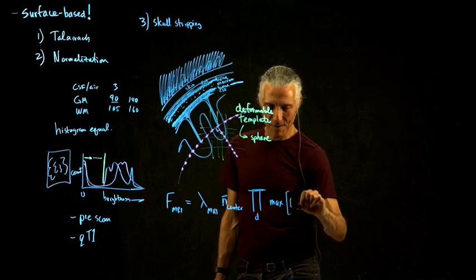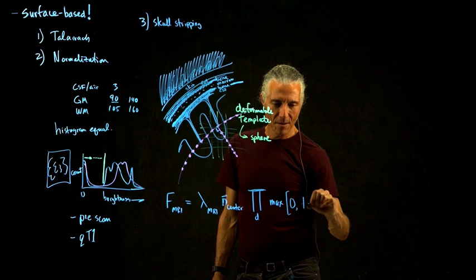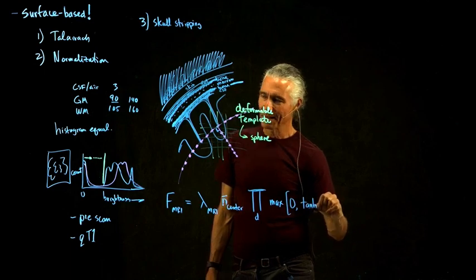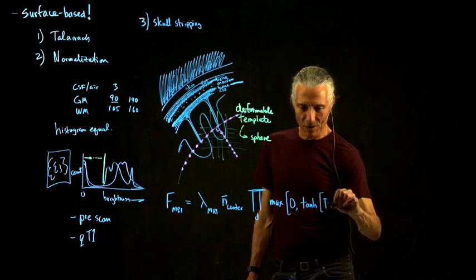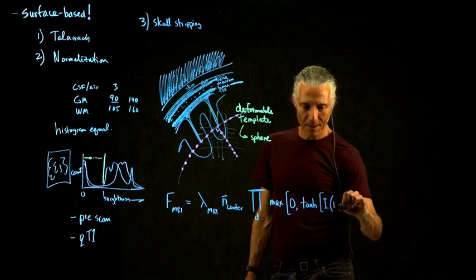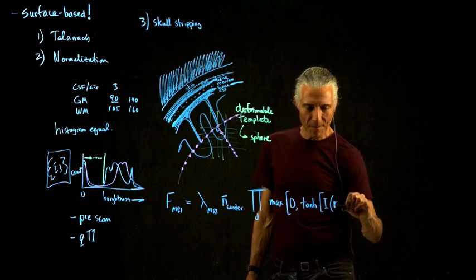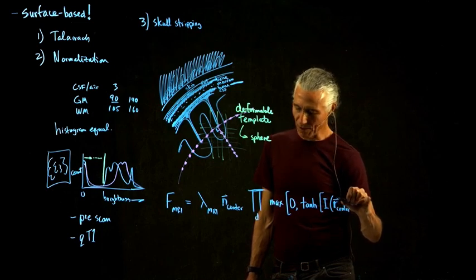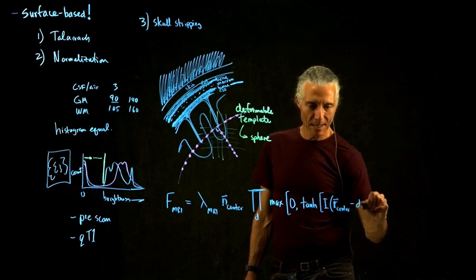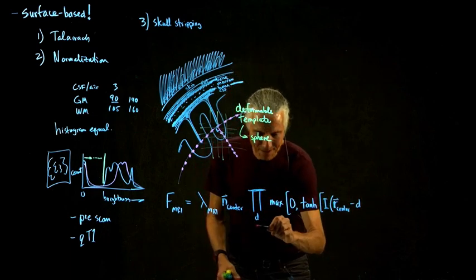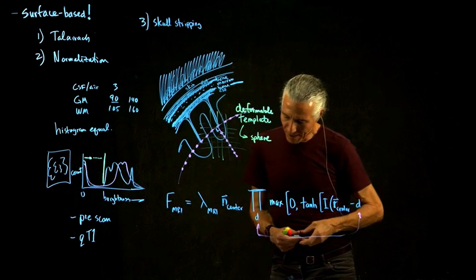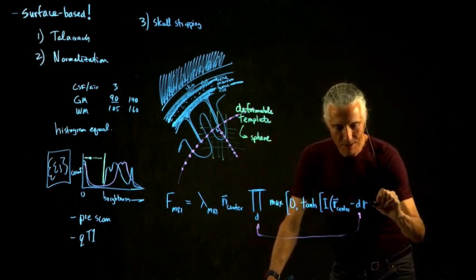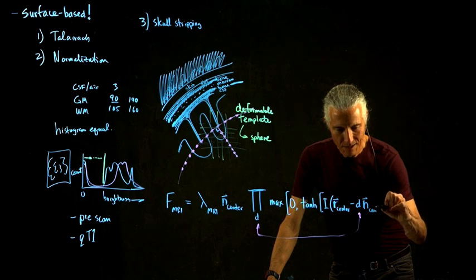So the maximum of either 0 or a squashing function times the image value. So that's a pixel image value, and this pixel image value starts at the location of the surface minus d. So this is d here, that's the same d, for a whole bunch of different d's, times the normal vector of the center.